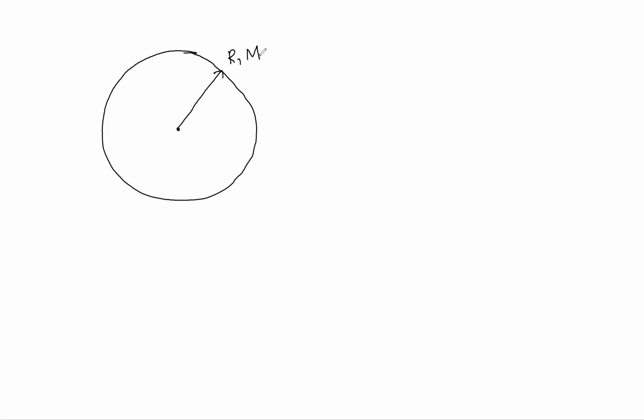Out of this sphere, a cube of maximum volume is cut. So you take this sphere, and from this sphere, you somehow manage to have a cube inside it, and then you cut the cube of maximum possible volume out of it.